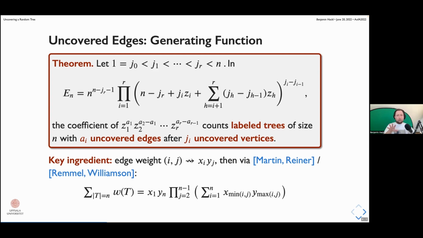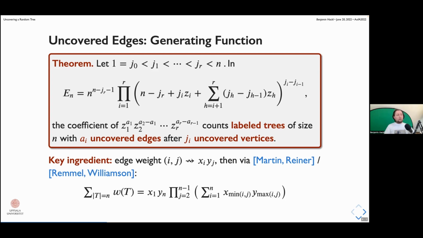If we have the interval over which we investigate this tree dissected into several sub-intervals from J0 to J1, from J1 to J2, and so on, then we actually know that the edge has to be counted as soon as the upper end of the interval is reached.